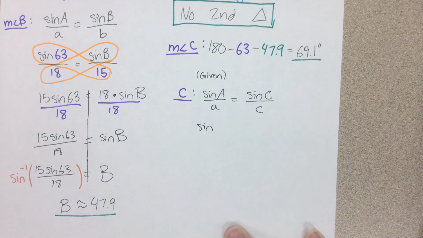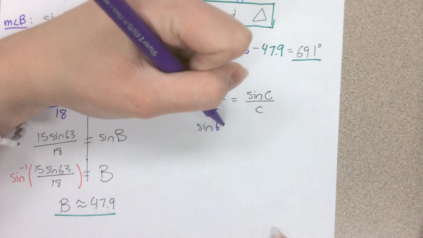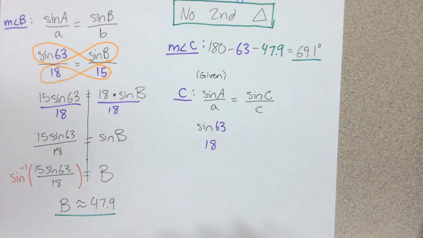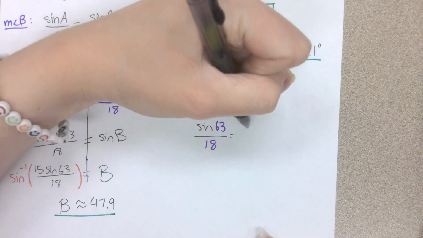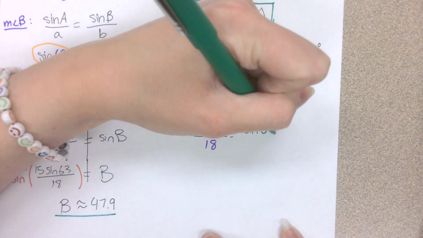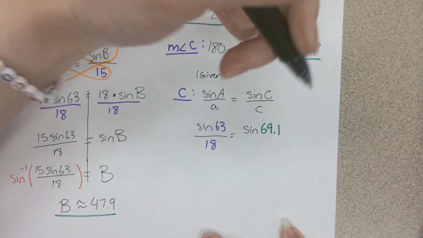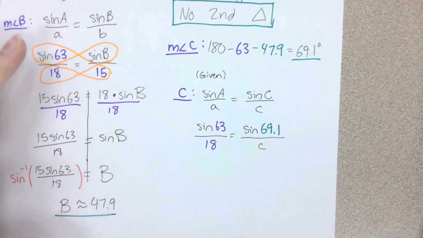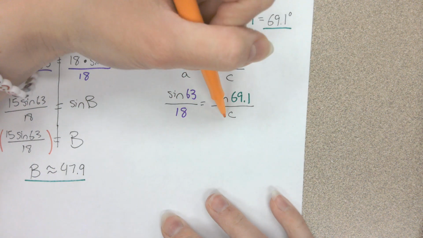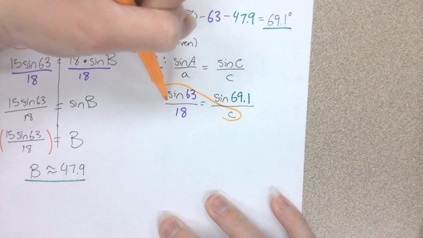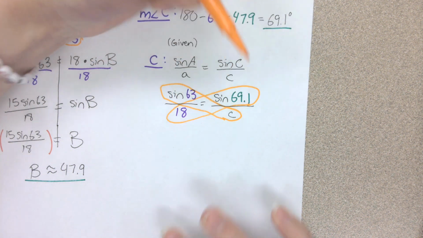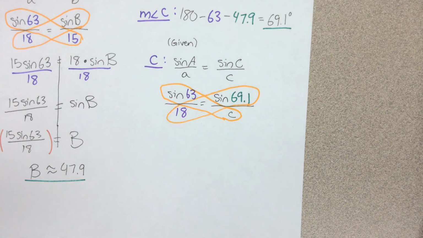Sine of A is 63, and little a is 18, equals sine of angle C we just found to be 69.1 over side c. Again, this is the only time in this video that I will show the full algebra for law of sines. On any future problems, I will take some shortcuts. I'll explain what I'm doing, but I won't write it out.